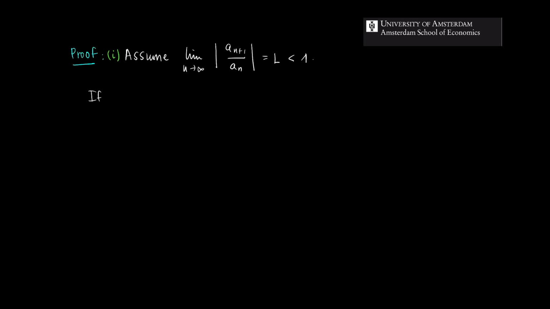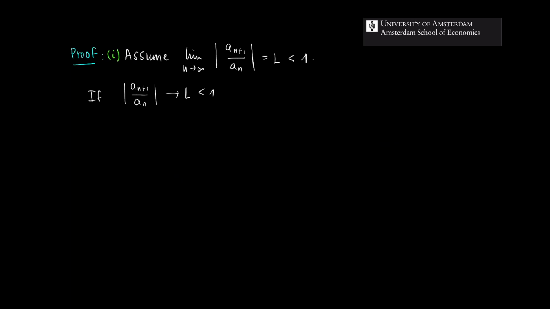So this means that in the long run, if we take n large enough, then a_{n+1} divided by a_n is close to a value smaller than 1. In particular, this says that the ratios that we form like this stay away from 1.